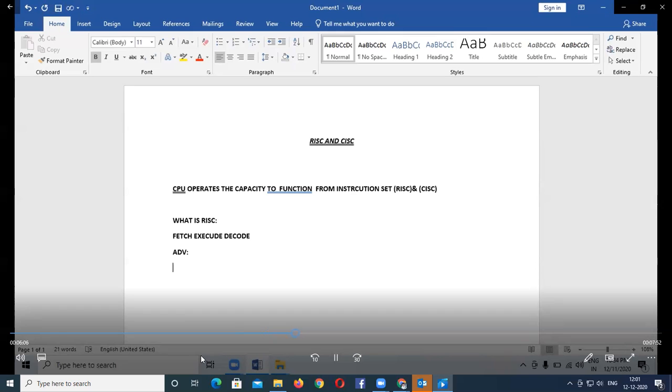A RISC processor allows the instruction to utilize open space on the microprocessor, due to it being very simple as compared with another processor. Due to this, it can finish its task within a single clock cycle.